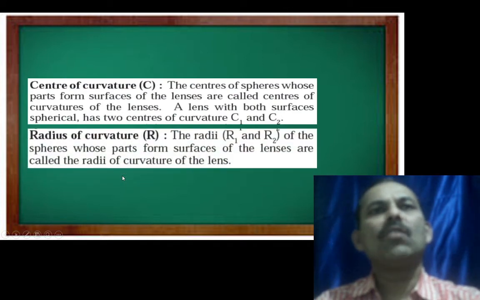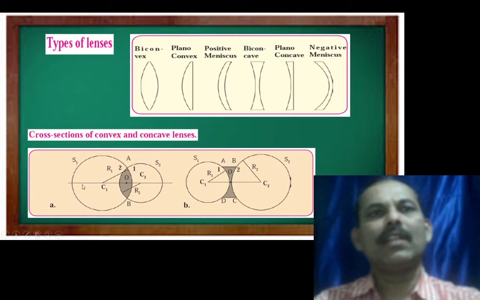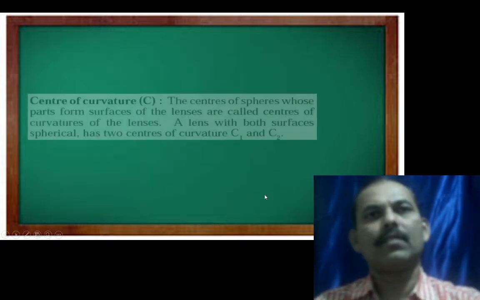Then radius of curvature. The radii R1 and R2, which are shown in that diagram of the spheres whose parts form surfaces of the lenses, are called the radii of curvature of the lens. These are the two different radii.